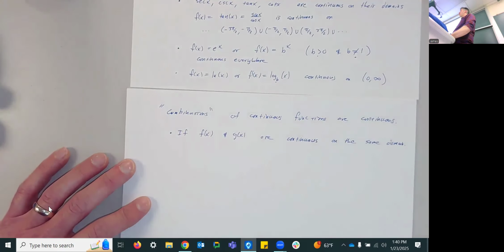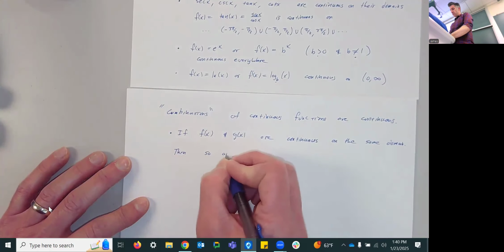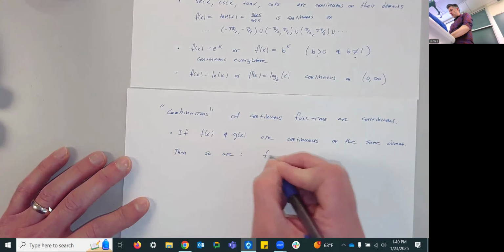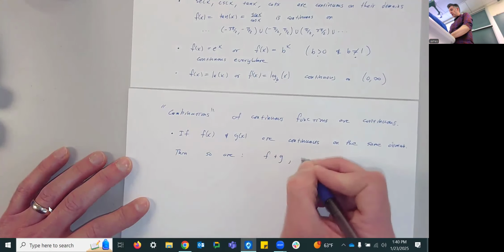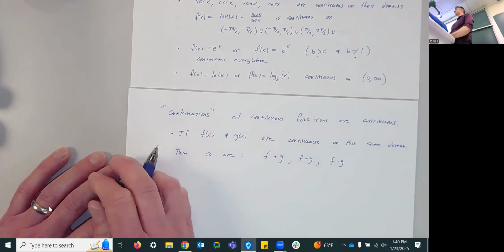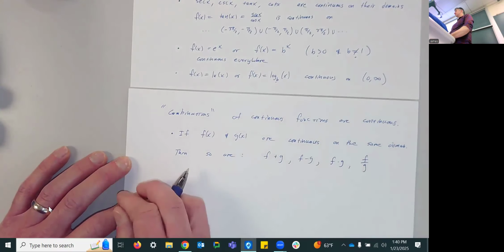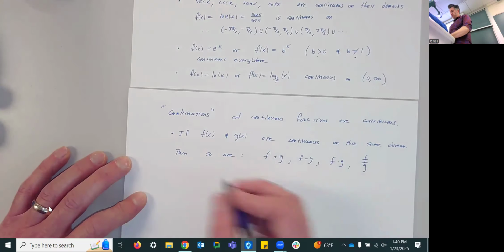Then so are the following: f plus g, f minus g, f times g, f divided by g, as long as g isn't equal to 0.